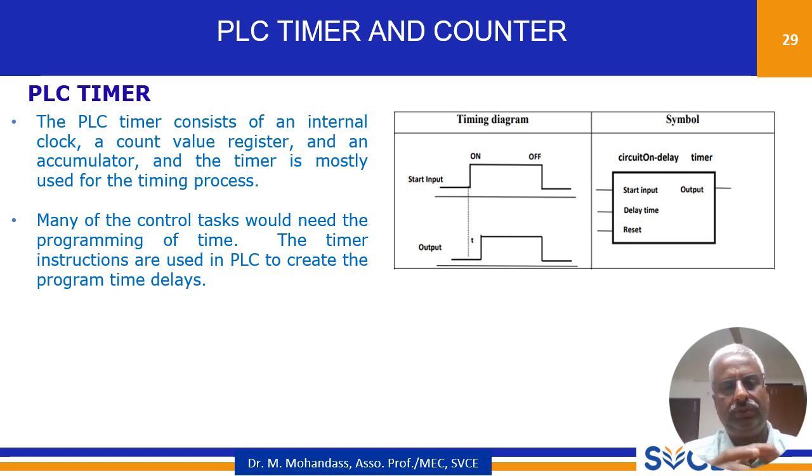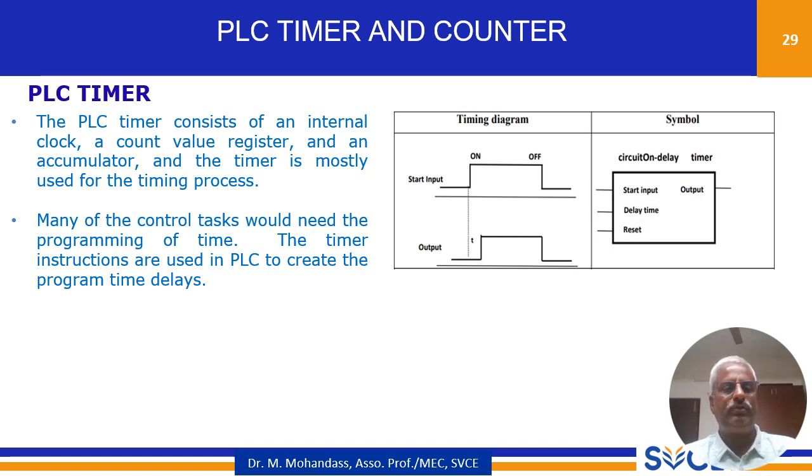So next one is the PLC timer and counter. We have the wristwatch, which shows the time, and if you want to perform a certain task and measure the time, we have features like a stopwatch.